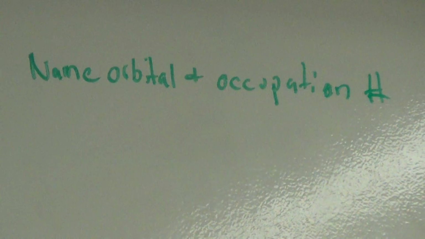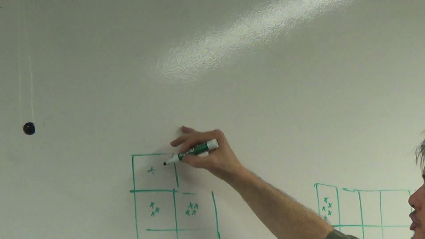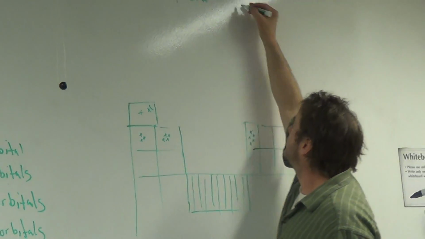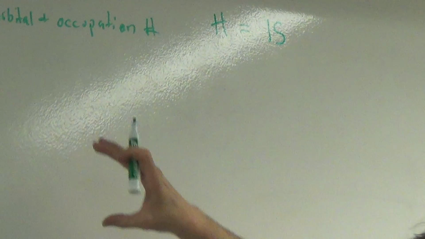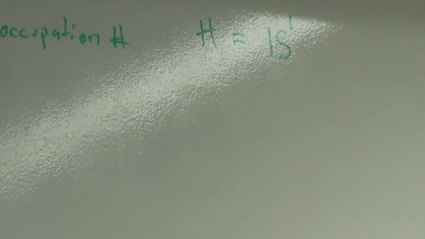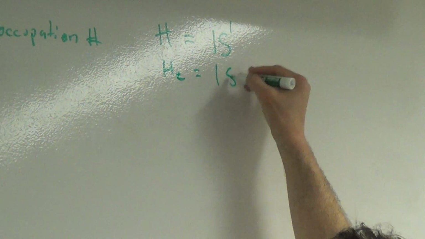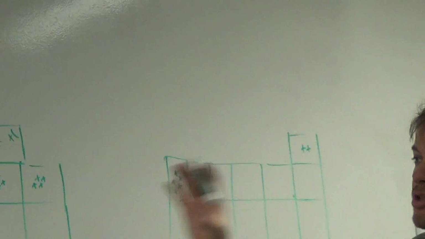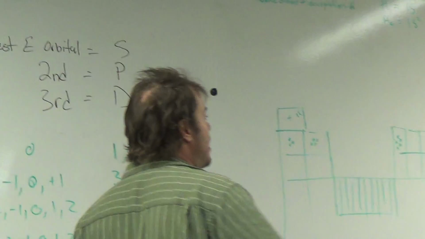So for instance, if we were going to build hydrogen here, H is 1s because it's the first s orbital that we encounter, that low energy s orbital, and it has one electron in it. So we name that 1s1. Helium, we call that 1s2 because we're still in that low energy s orbital. We're not going to fill anything higher energy yet, but we pair up that second electron.